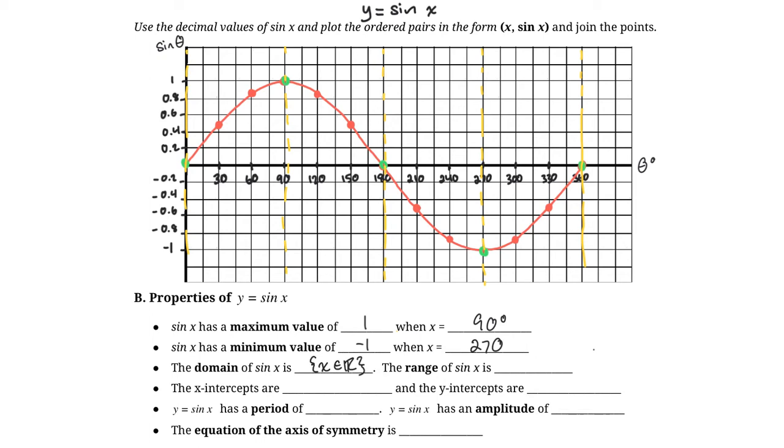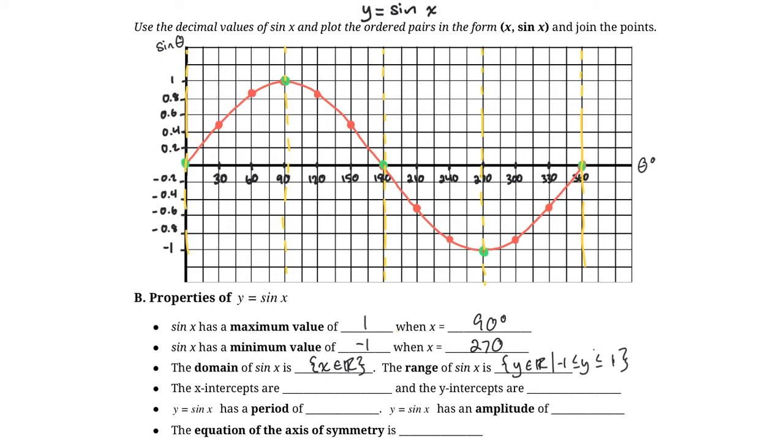And the range are all our possible y values, and we only have y values in between +1 and -1. So that means our y values are going to be any real number such that y is greater than or equal to -1, but less than or equal to 1.